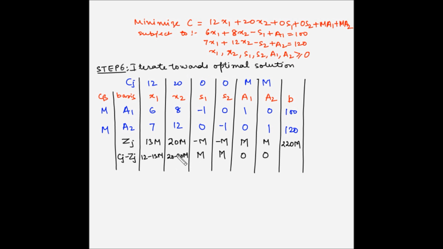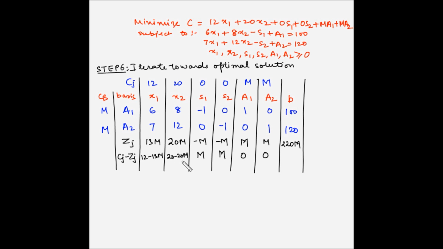Now since this is a minimization objective and since we have negative values in the Cj minus Zj row, which indicates that the solution can be improved further, we observe the values of Cj minus Zj for different columns and mark the column with the maximum negative value. So x1 can be considered as minus 13m, whereas x2 can be considered as minus 20m.